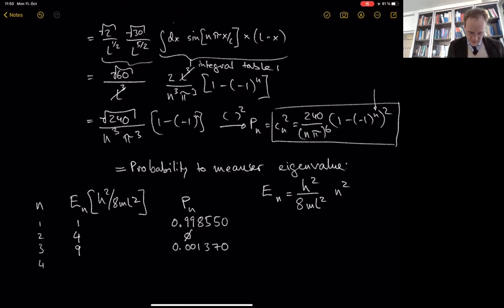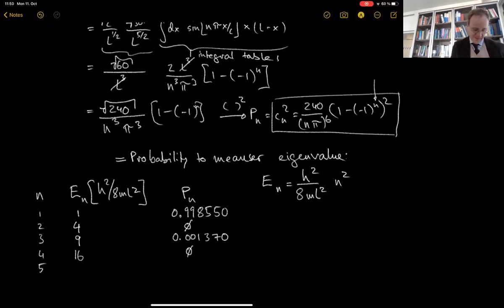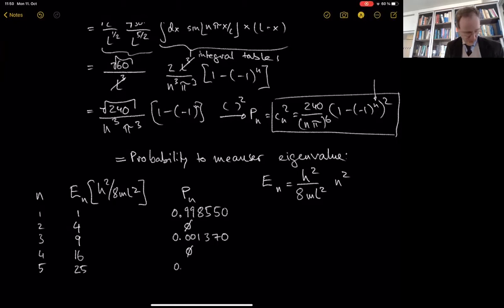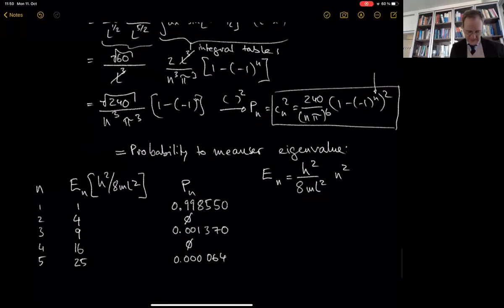Okay, 4 is again an even exponent for our probability, so we are at 0 again. Right? 5, 25 in our energy units, right? So 25 times more energetic. We have a reduction to 0.000064, again 2 more digits, zeros, dramatic reduction.